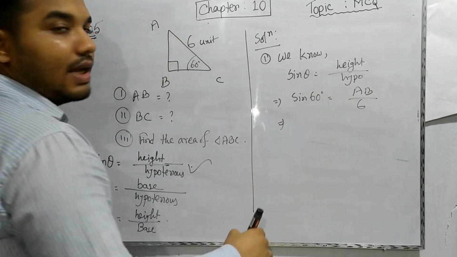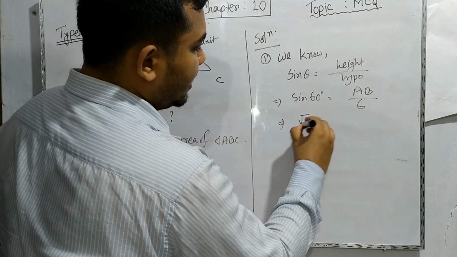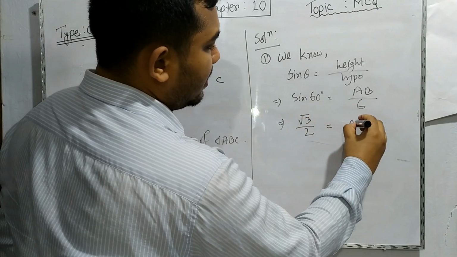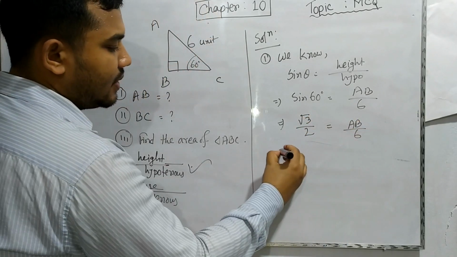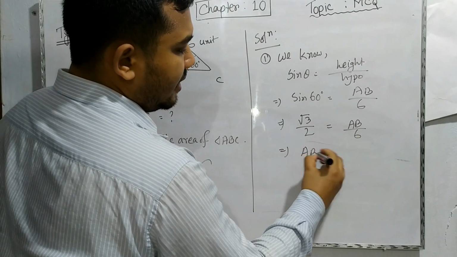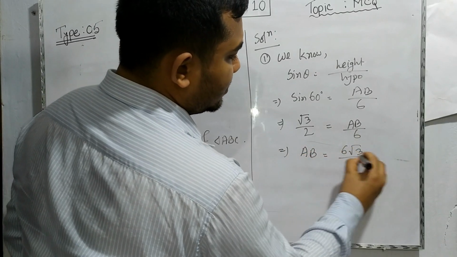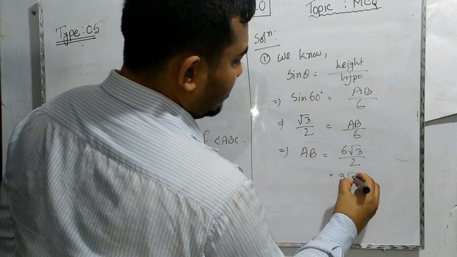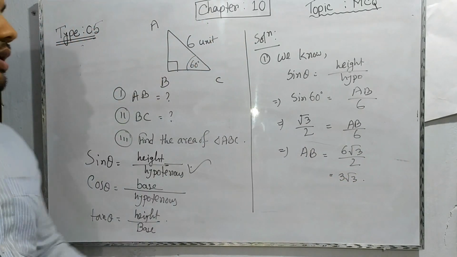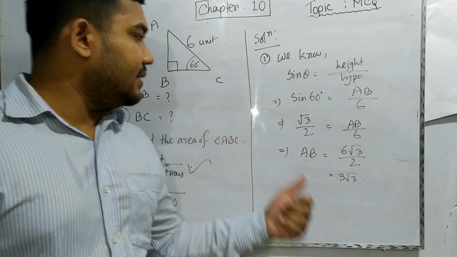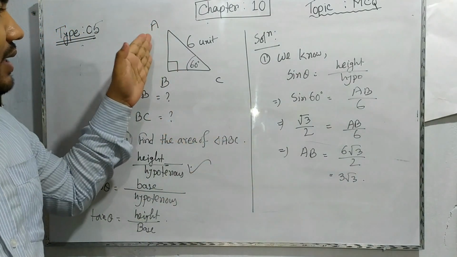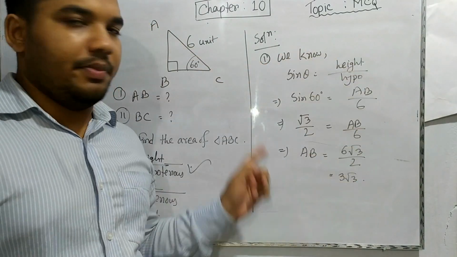We know the value of sin 60 is root 3 by 2, which equals AB by 6. Then we get AB equals 6 root 3 by 2, and the answer is 3 root 3. This is how we can find AB, and how we can solve these types of questions very easily.